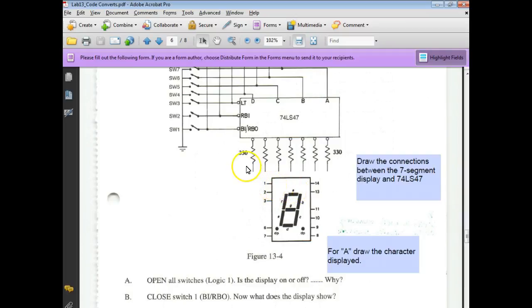Okay, it's A. So logically, one of these right here should be A. In fact, I would probably make it this one and come around like this. You can call them anything you want as long as you assign the pins right. So what you want to do up here is assign the pins so you don't have a bunch of crossing wires down here when you're trying to hook up your 7-segment display, right? That makes sense?